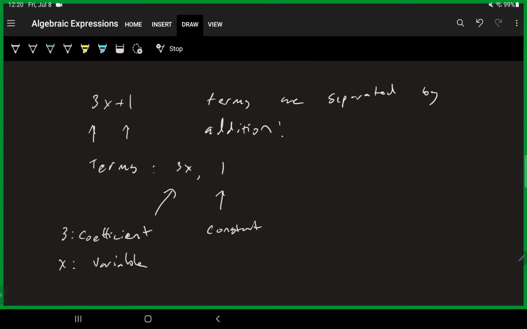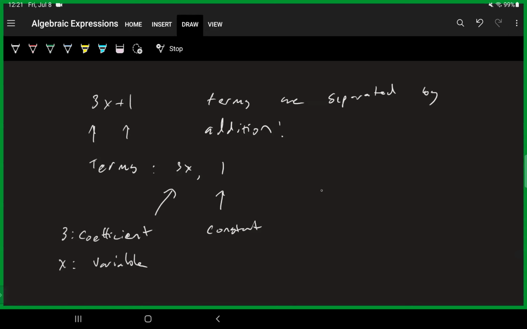It changes how much the variable could grow, so to speak. x is a variable, and that's because x could be whatever we want it to be. We could plug in 1, we could plug in 2. If we're solving, then we can find what x is supposed to be if we have an equation. And again, 1 is a constant because it's not changing. There's no variable attached to it.